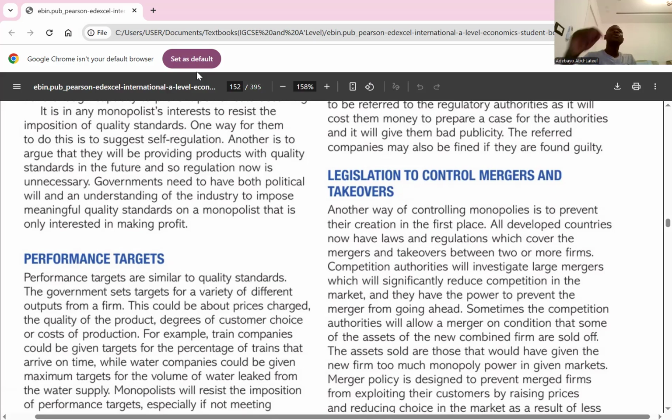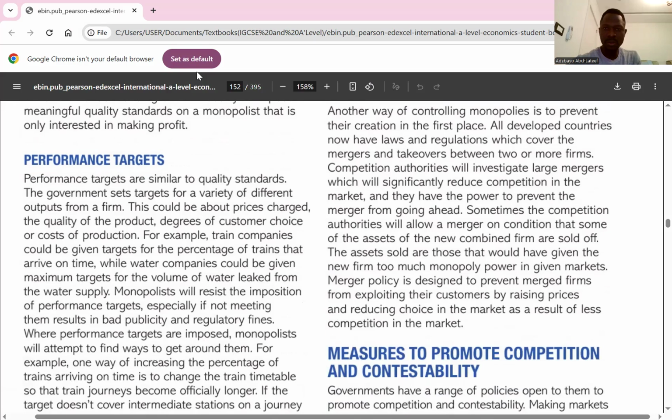Government would ensure that whatever will bring about anti-competitive practices, government would take it away. And firms, that monopolist, must comply with it. Is it clear? So these are ways in which government can control mergers or monopolists. Any question about that? So we'll go to the next one.